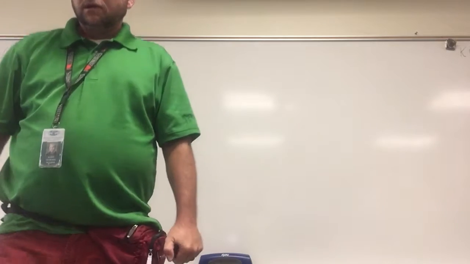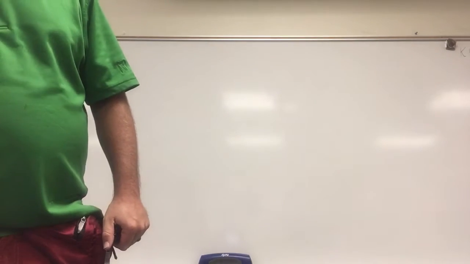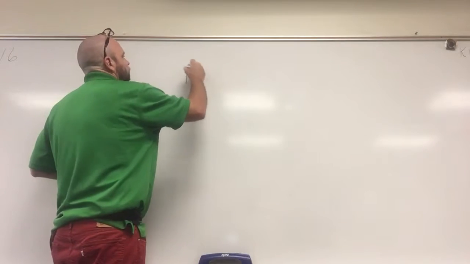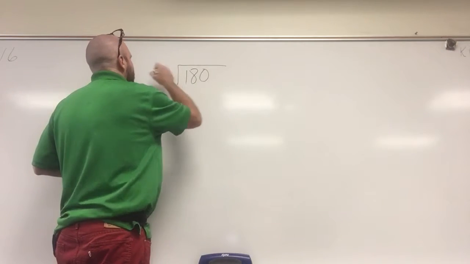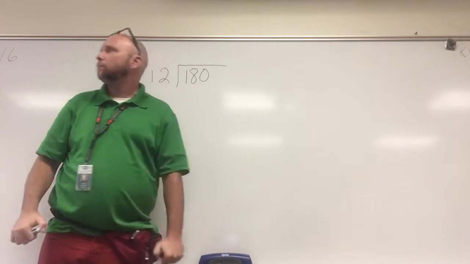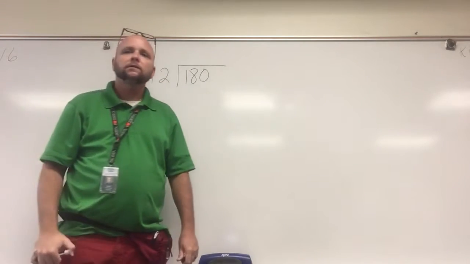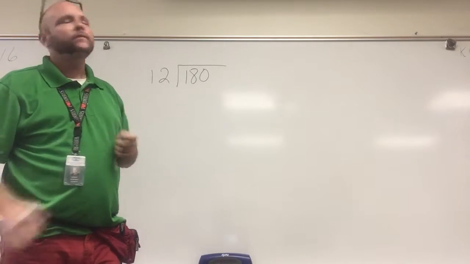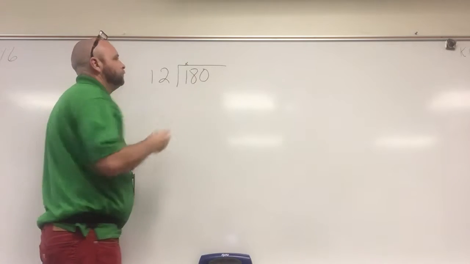Bad student. All right, let's move on with 2-digit. Let's do 180 divided by 12. All right, Tamara? Is 12 going to go into 1? No, I'm not going to have a number above the 1.